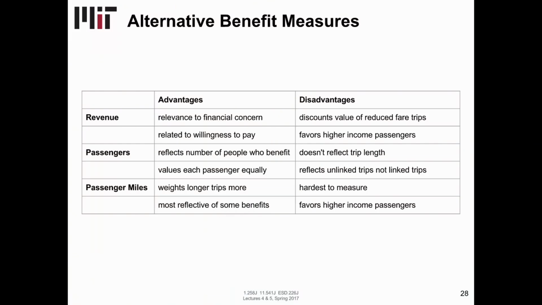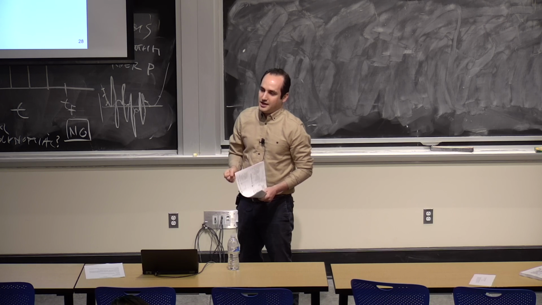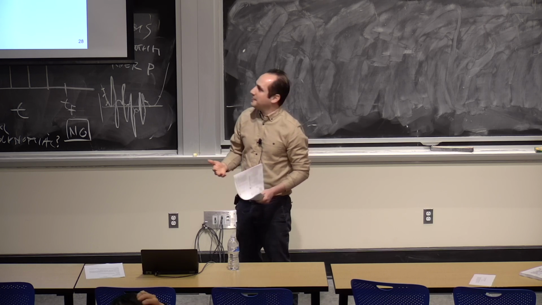One of the measures that is really easy to define and measure is the revenue, like the fare box revenue, the total. The advantage of this measure is that it's very relevant to financial concerns. Another advantage is that it's related to willingness to pay, and it could be used as a proxy of quality of service.